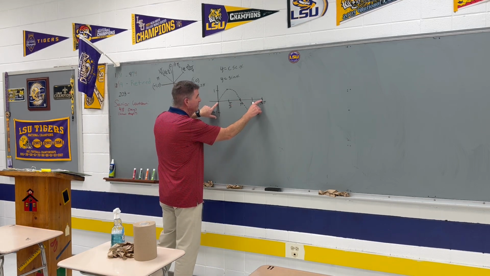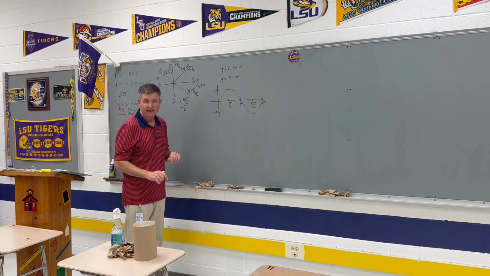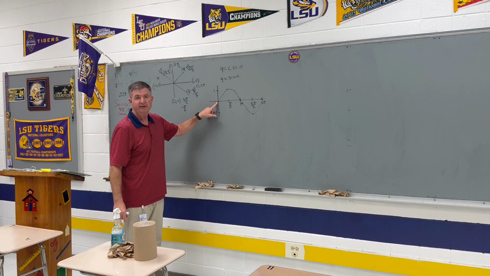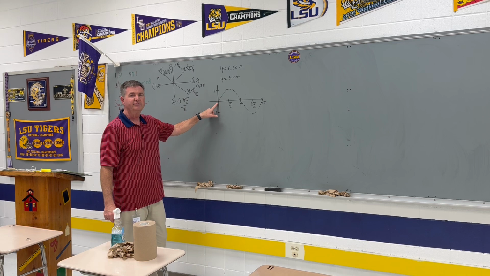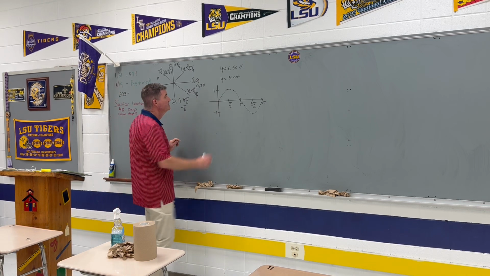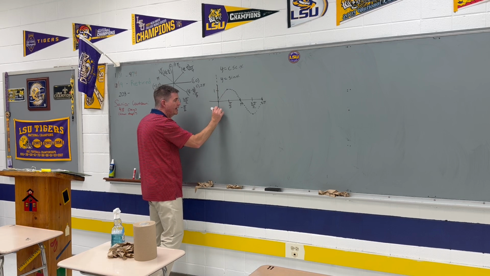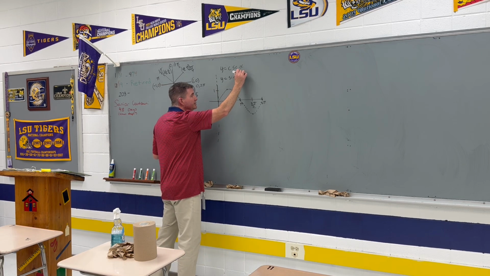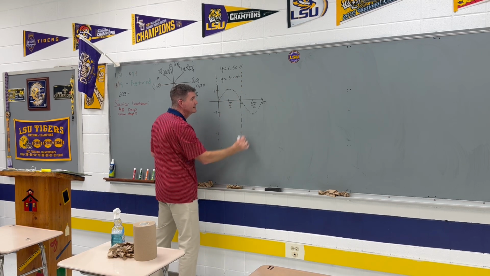These are zeros for sine. But if I do the inverse and flip it, instead of being 0, it becomes 1 over 0, because we're inverting it. And 1 over 0 is an asymptote. It's undefined. So this becomes an asymptote at all of my zeros.